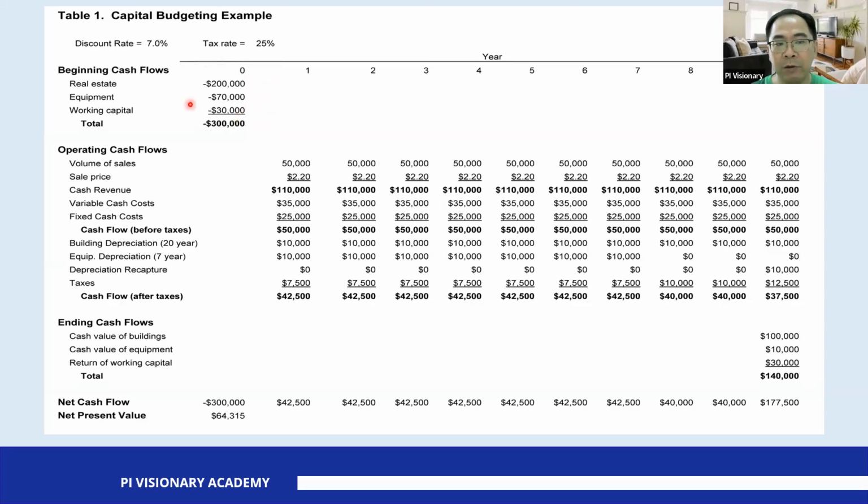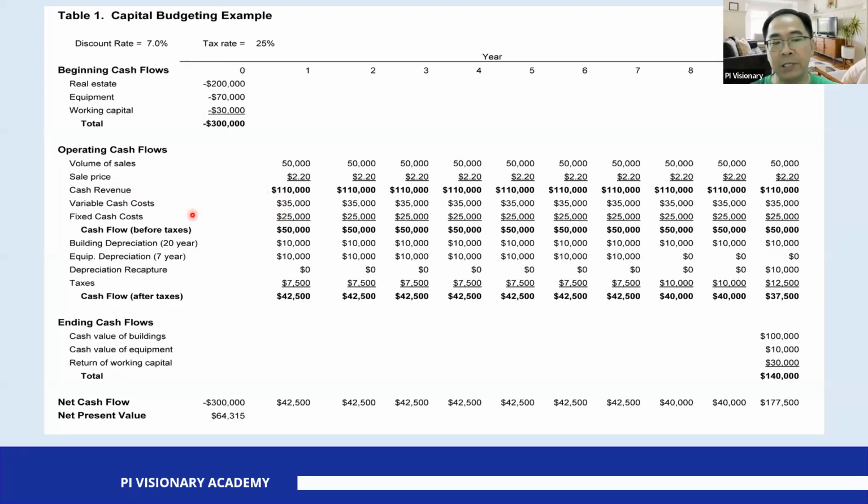So after you invest this one, next year you can sell. You can sell the quantity. Year 1, year 2, 3, 4, year 5, year 6, year 7, and so on. And selling price is 220. So you generate the cash revenue.